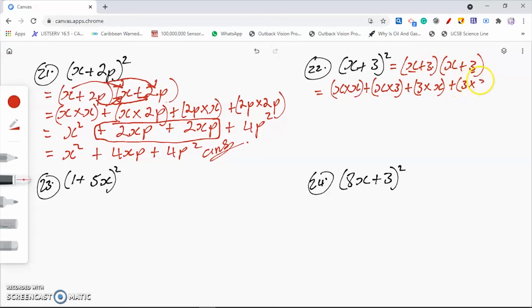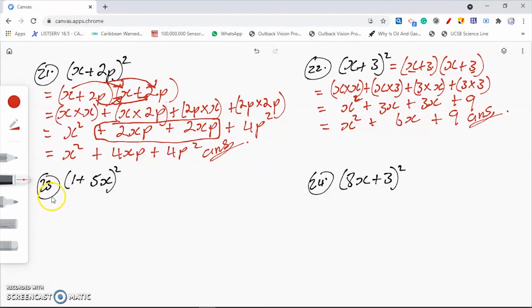And that would give us x squared, because x times x is x squared, plus x times 3 is 3x, plus 3x, plus 3 times 3 is 9. And then we simplify, we get x squared plus 6x, because 3x plus 3x is 6x, plus 9, and that's our answer there.